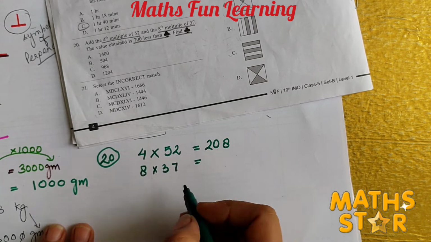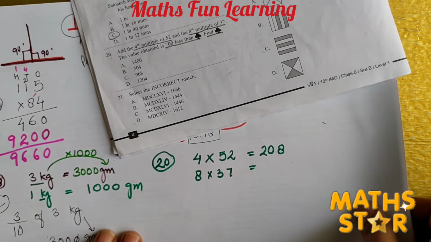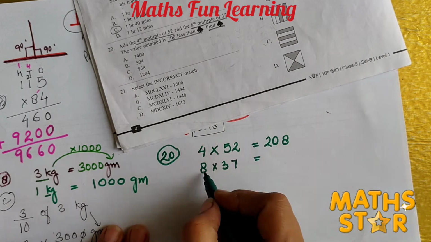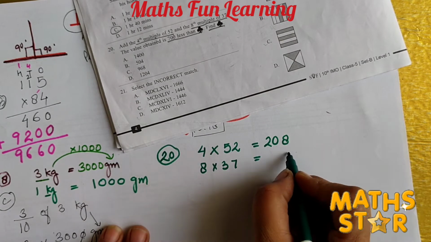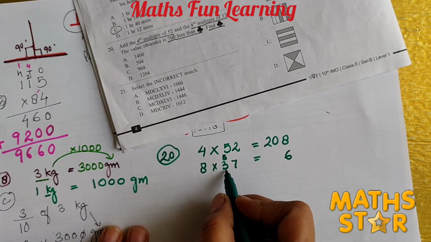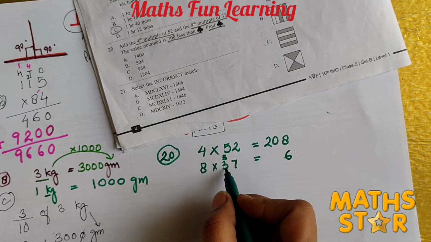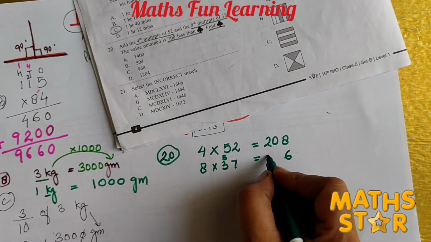Multiples means multiply. So, 8 times 37. 8 times 7 is 56. Then 6 and 5 carry over. 8 times 3: 8, 16, 24. 24 plus 5 is 29.